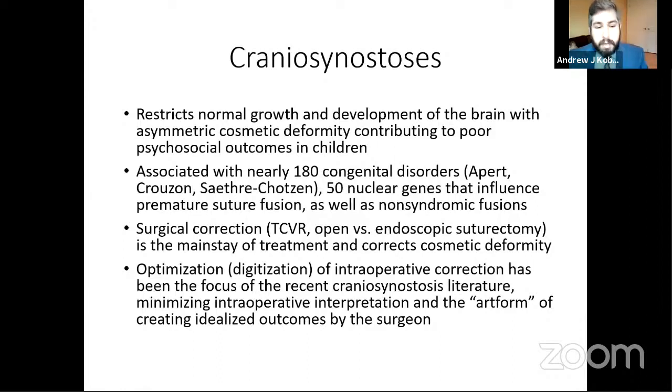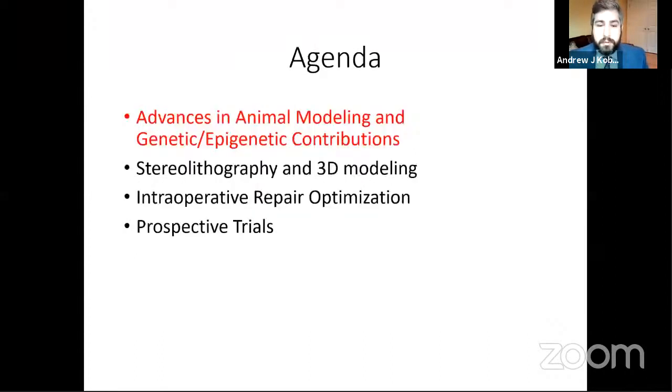The other side is the digitization of intraoperative correction, which has been the focus to minimize intraoperative interpretation, minimize this art form, which we do very much like as surgeons, but it provides us with a greater sense of comfort knowing that we've reached our aesthetic goal and our reparative goal for our procedure immediately within the surgery.